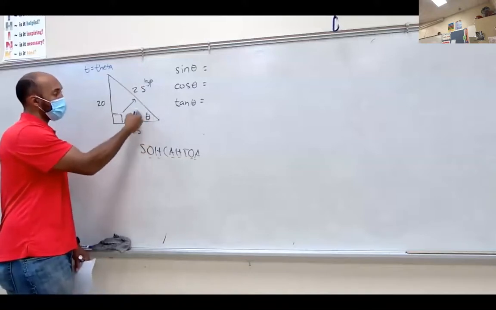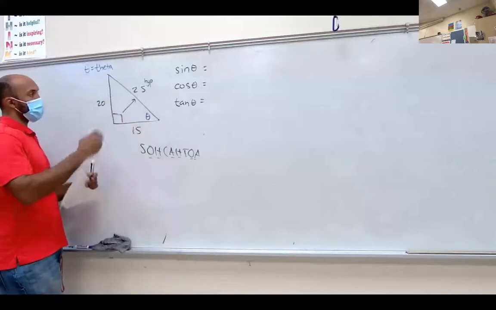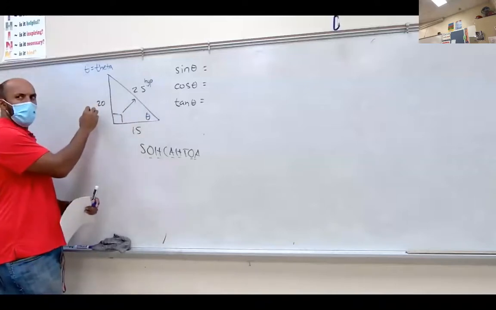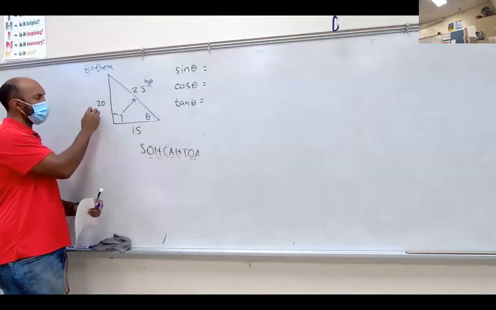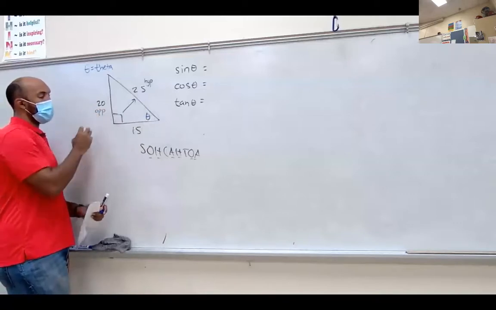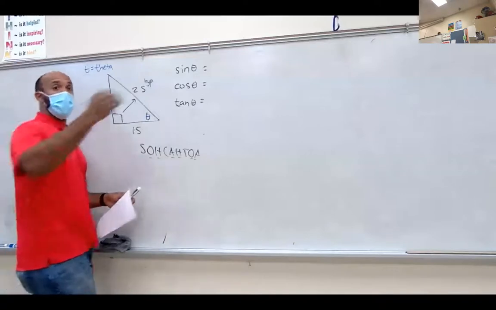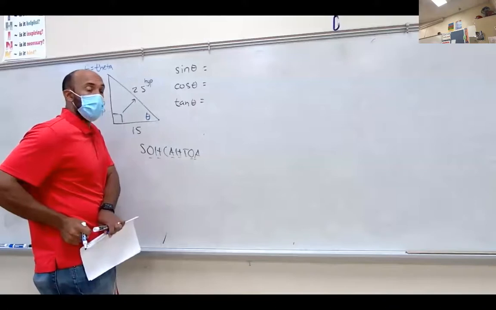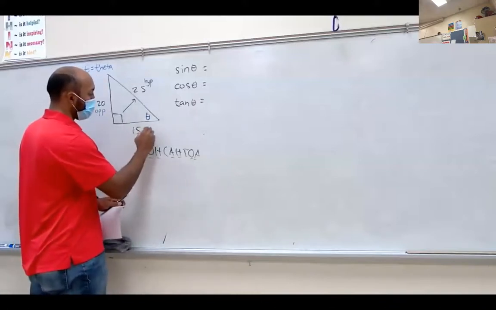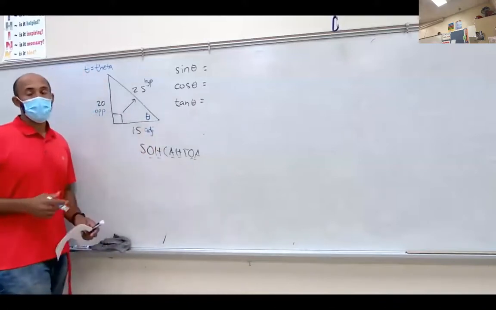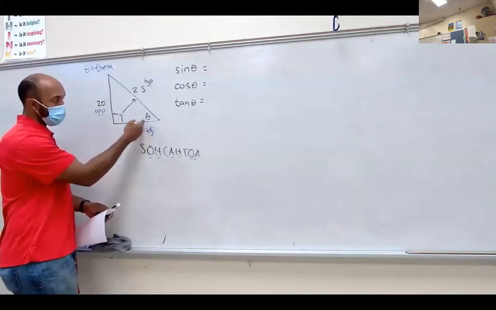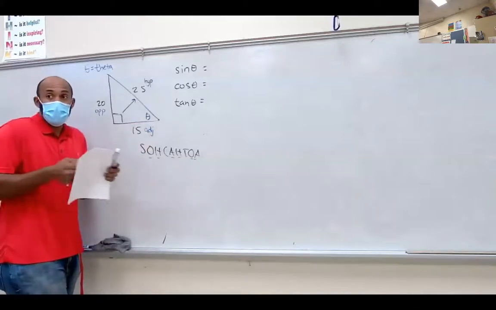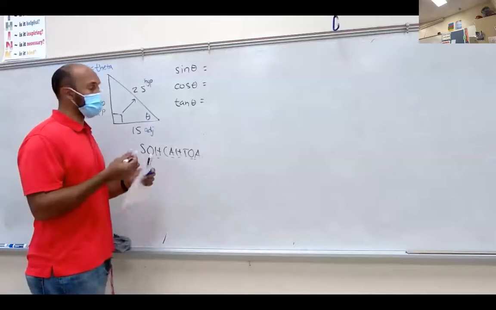So if I'm going across from the angle, what side would that be? Opposite or adjacent? It's opposite. Opposite means across. Adjacent means right next to you. So adjacent is this side, the other leg, and notice how it's right next to the angle. Adjacent meaning close.